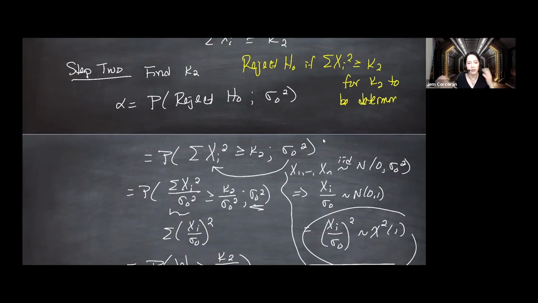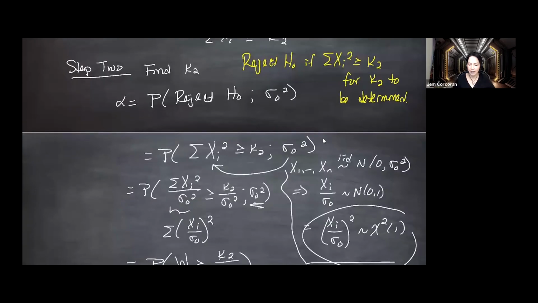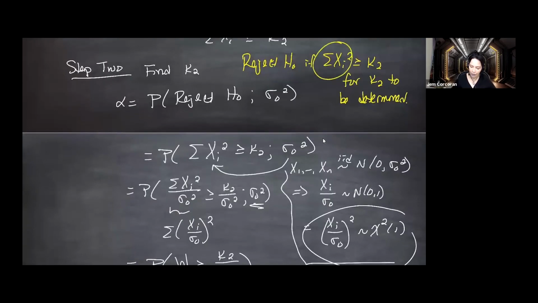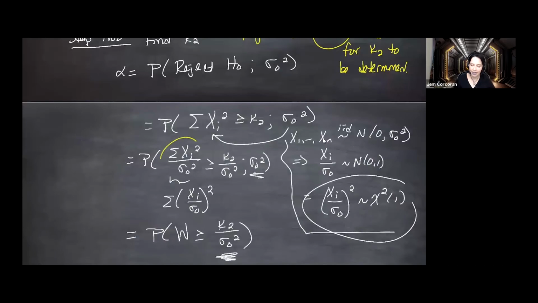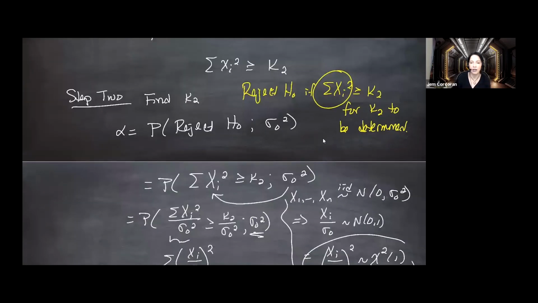I could tell the people that want to run this test that they should not look at this statistic, that they should look at this statistic, in which case I could give them a different cutoff. In other words, I could call this thing K3. It's up to you. It would be an equivalent test. But I'm not going to just call this K3 because I kind of want to stick with this yellow line up here. I want to find the K2.